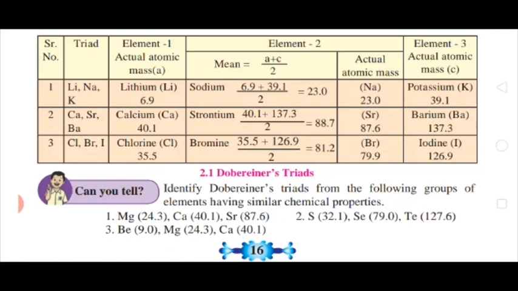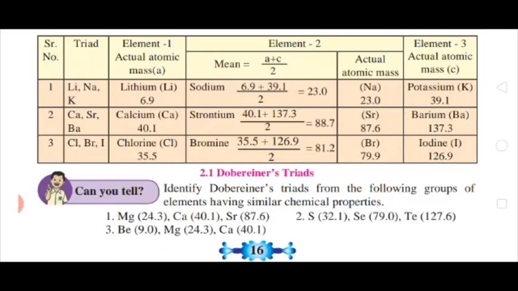If you add 6.9 and 39.1, we get 46. 46 divided by 2 is 23. This is the actual atomic mass of sodium, 23.